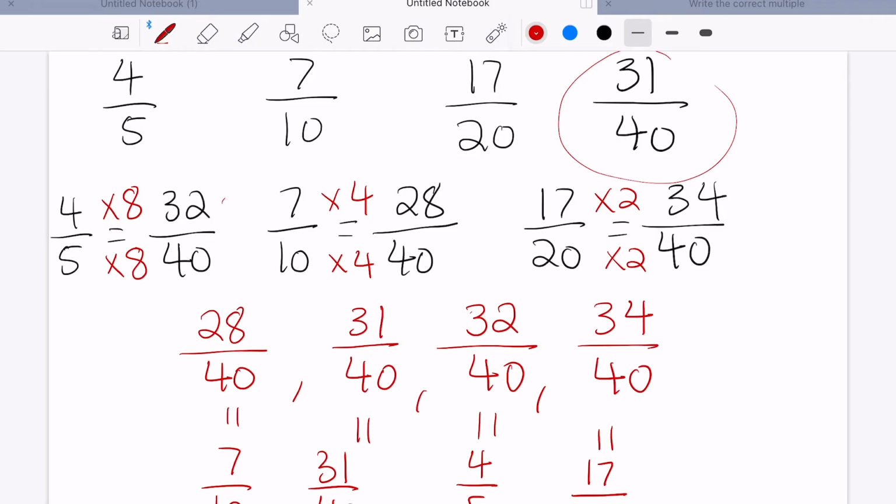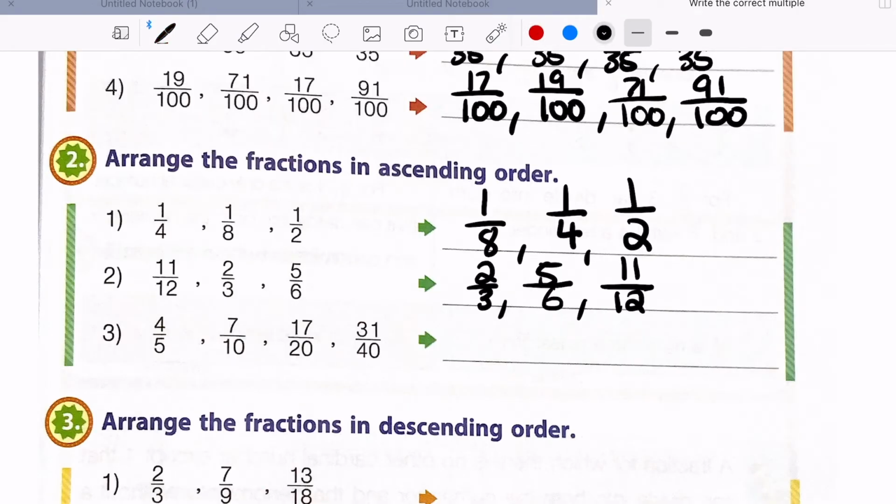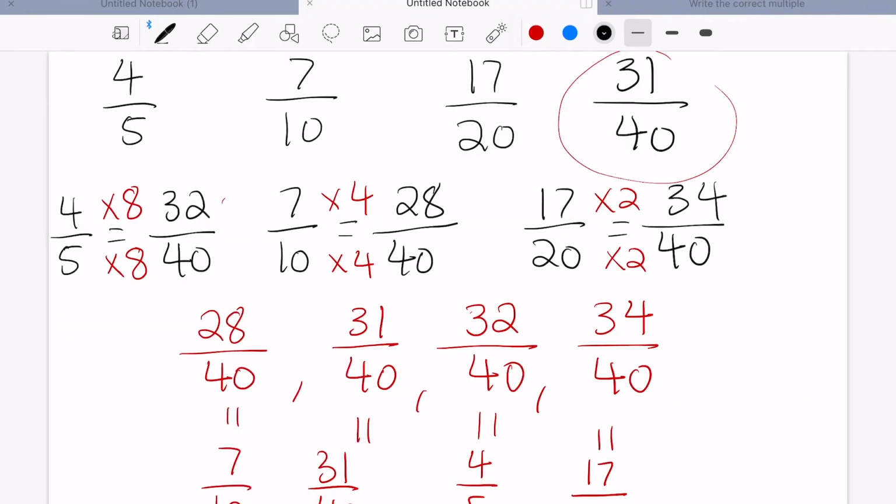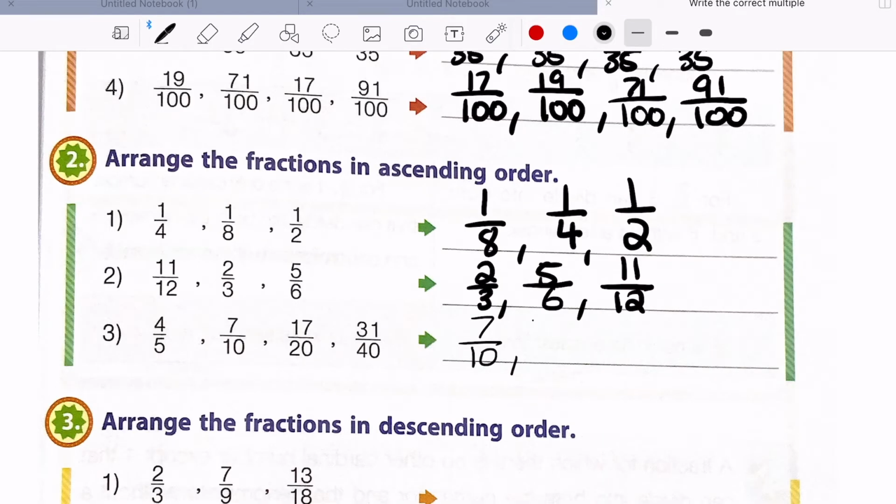So let's write 7/10. Then we're going to write 31 over 40. Then we're going to write 4/5.